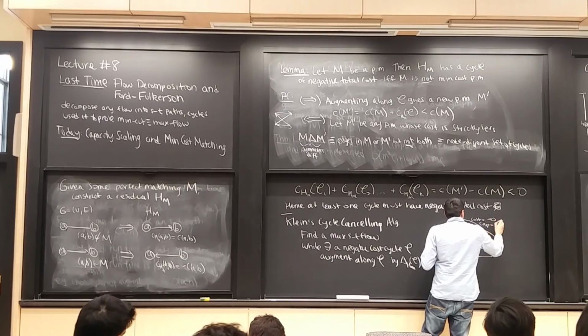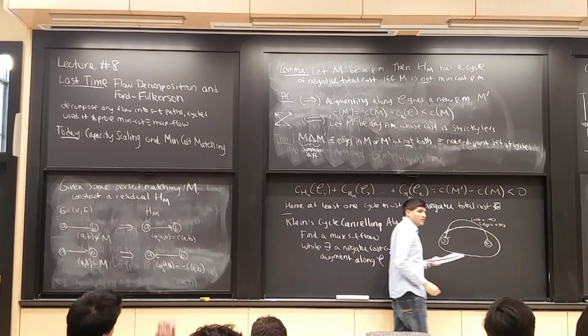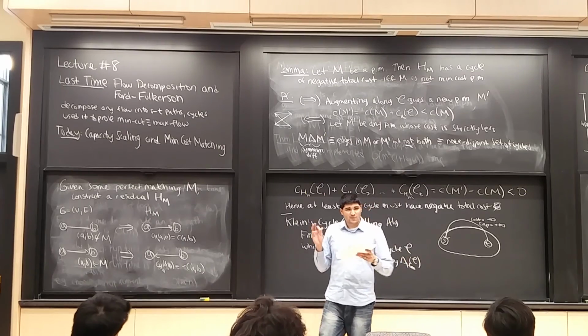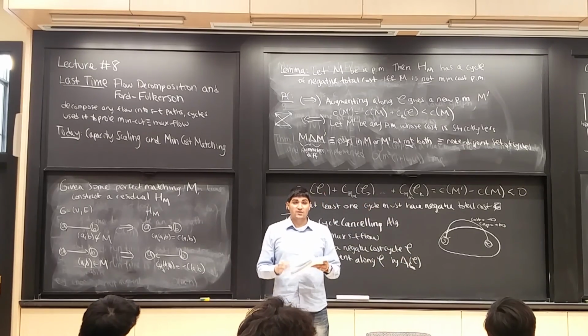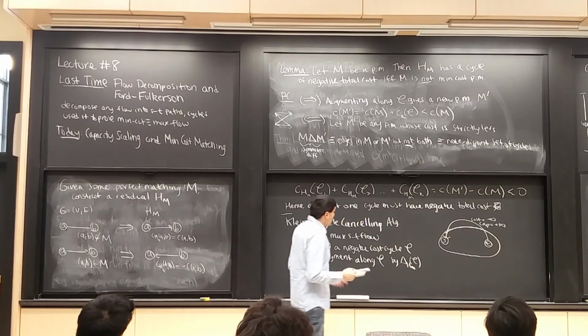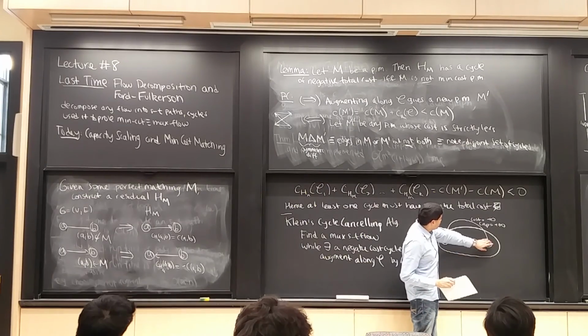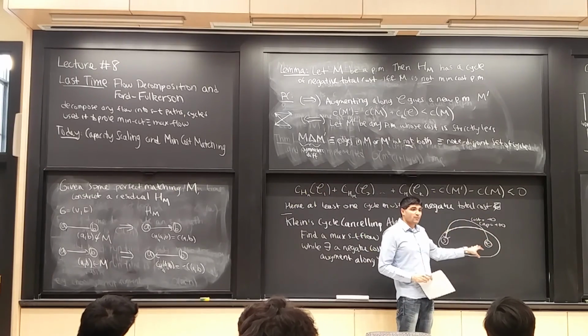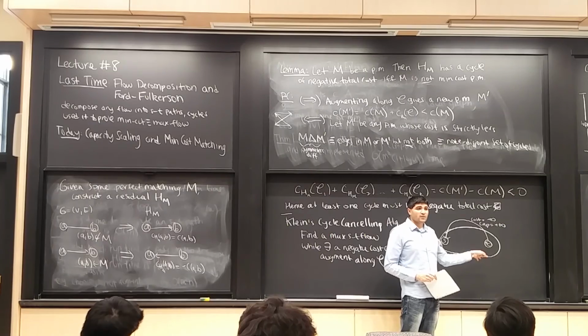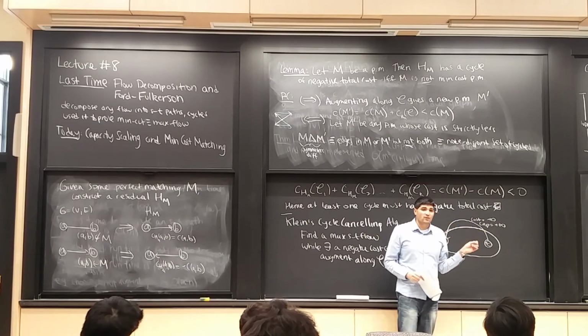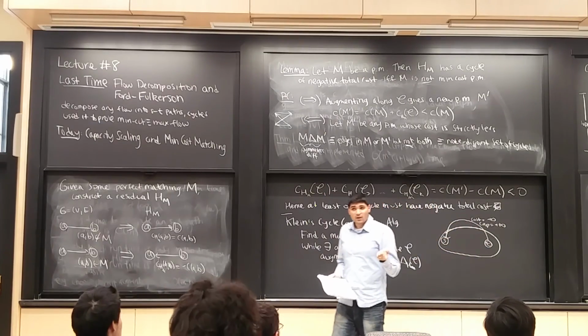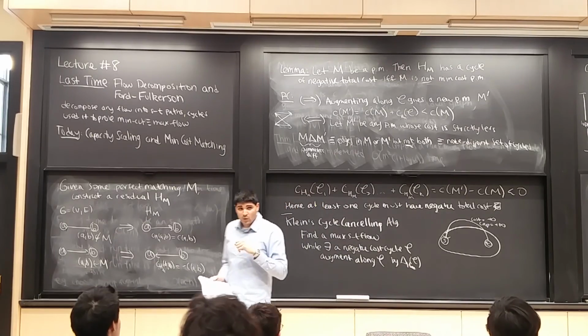So maybe I content myself, this is why I'm saying it's a moral analog, with just having a 0 total flow. Well then if I added back in this arc, every time I have an augmenting path in the original graph, I would want to take it, because I could complete it with this cycle. So it's doing the analog of Ford-Fulkerson, which is just looking for any augmenting path, which makes progress.